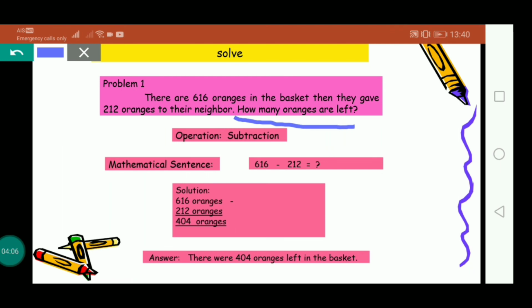The question again is, how many oranges are left in the basket? So our answer will be, there were 404 oranges left in the basket.